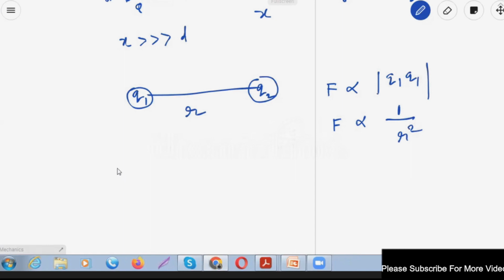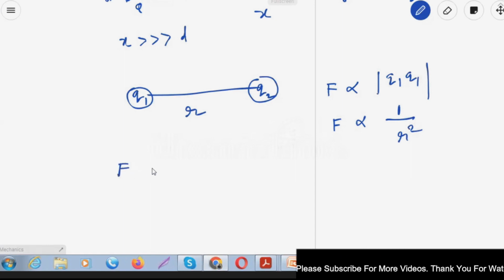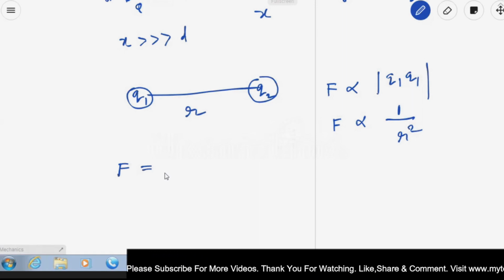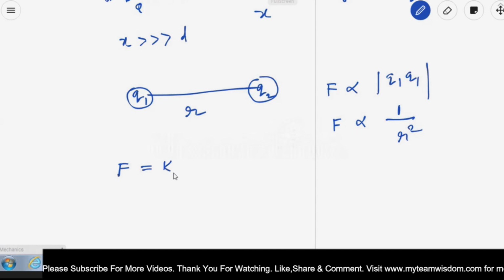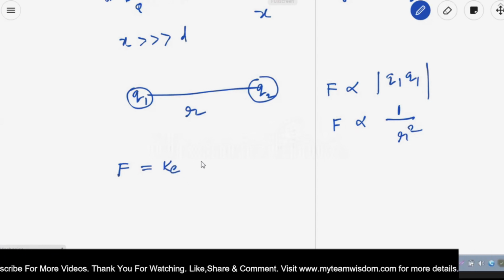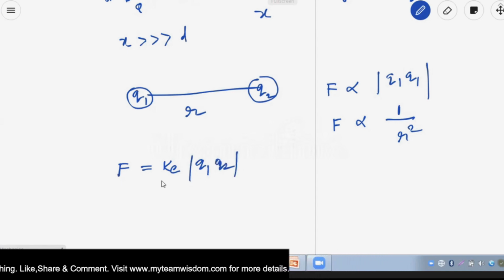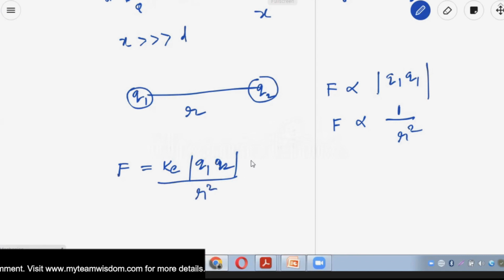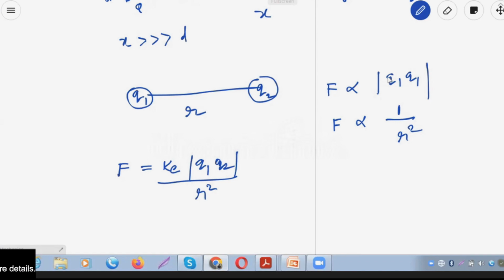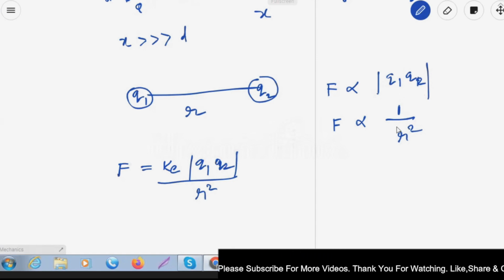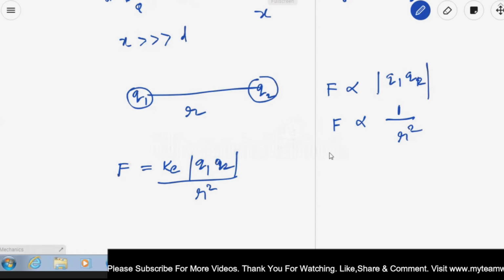To remove the proportionality, I place the Coulomb's constant Ke: F equals Ke times the magnitude of Q1 into Q2 by r square. I'm strictly saying you need to take the magnitude of the product of the charges, not arbitrarily Q1 into Q2.